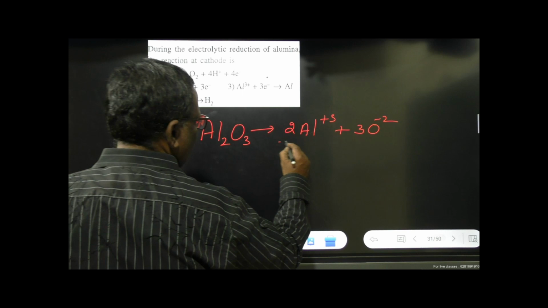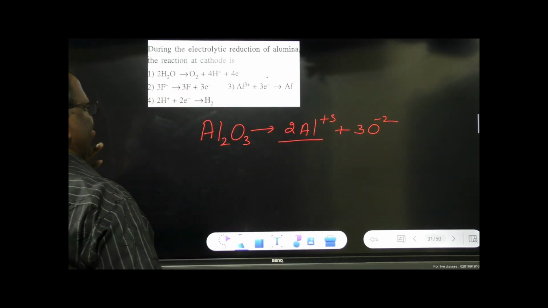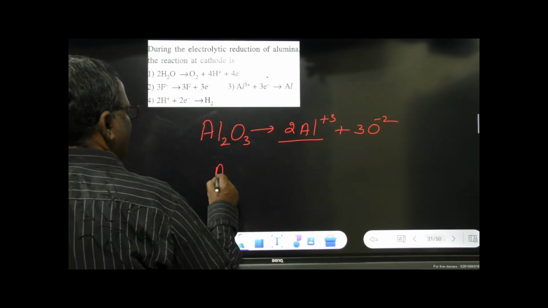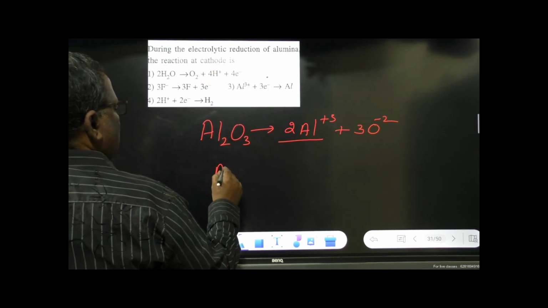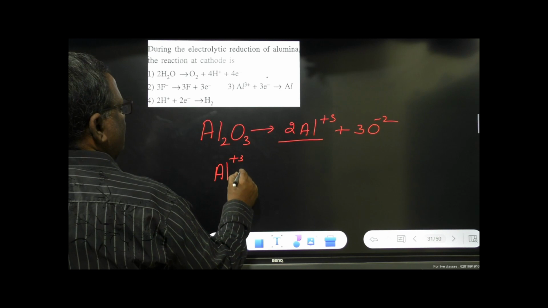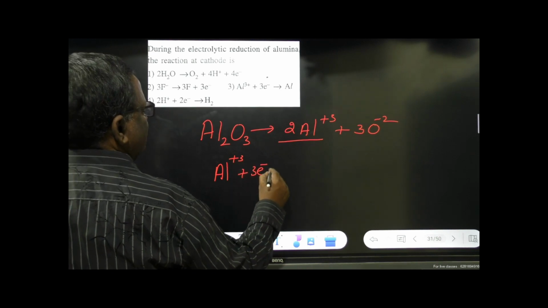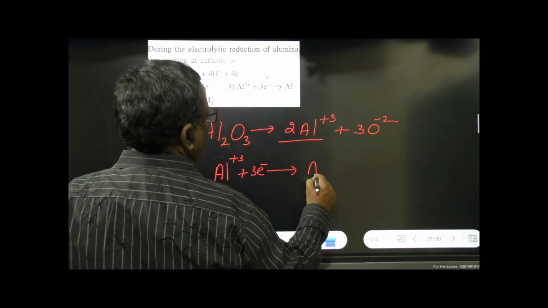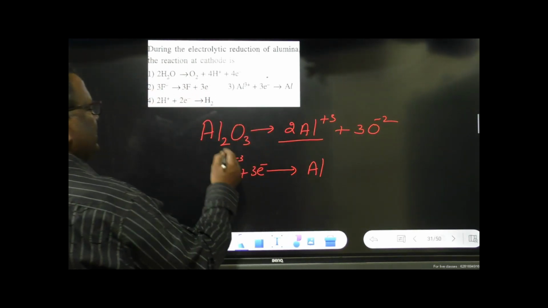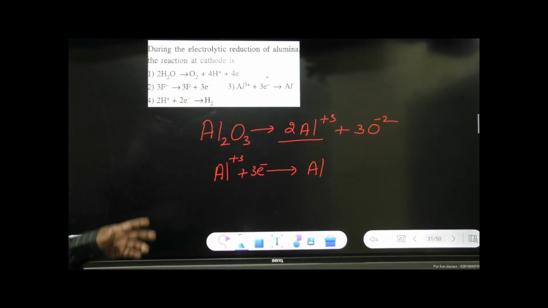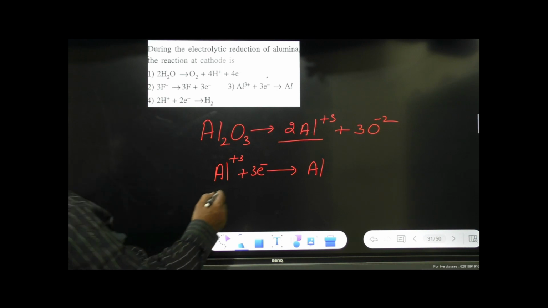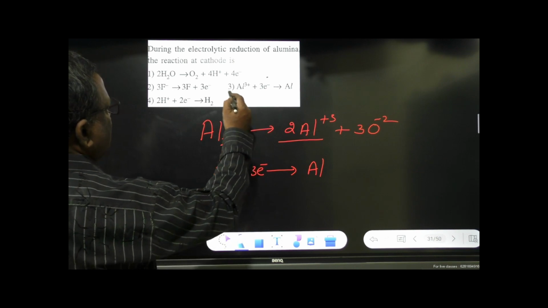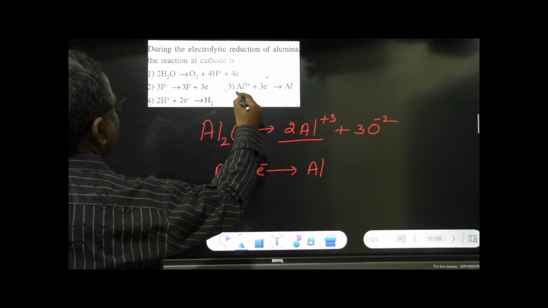Now here in alumina, at the cathode the reaction is Al plus 3 plus 3e minus gives Al. Because here it is not given as aqueous or anything like that, we can consider it as fused alumina. So here the reaction is this. So here the third option is correct.